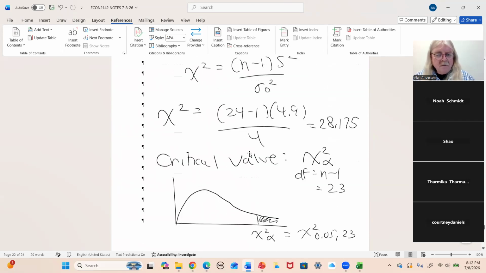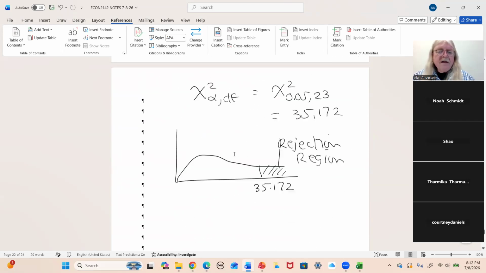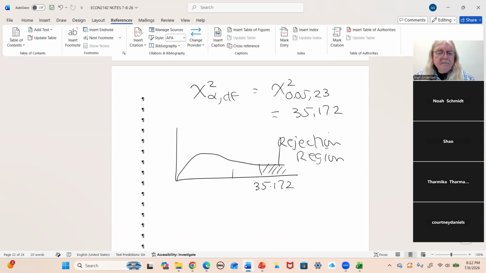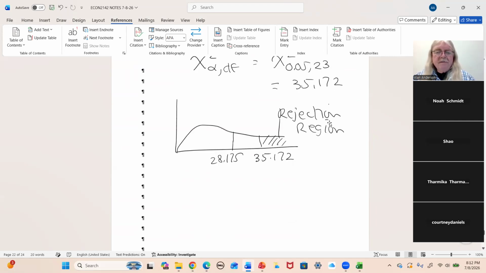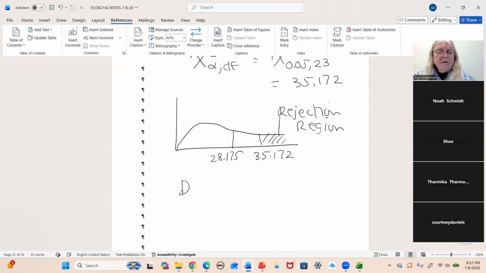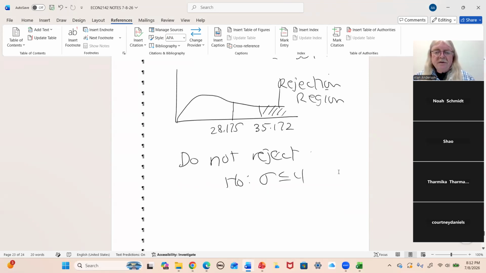But the test statistic was 28.175, which does not land it in the rejection region. So we do not reject the null, that the variance is less than or equal to 4, and that means no changes need to be made to the bus driver schedules.